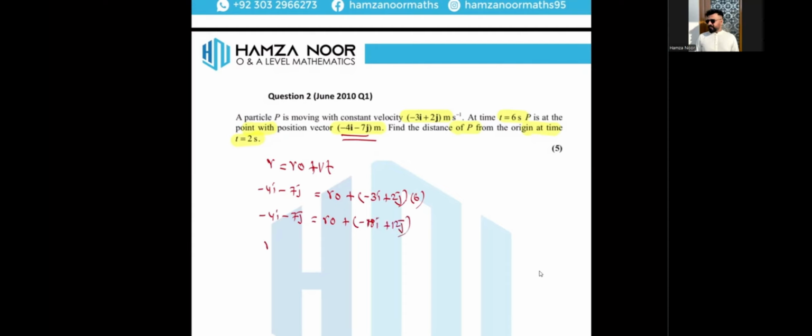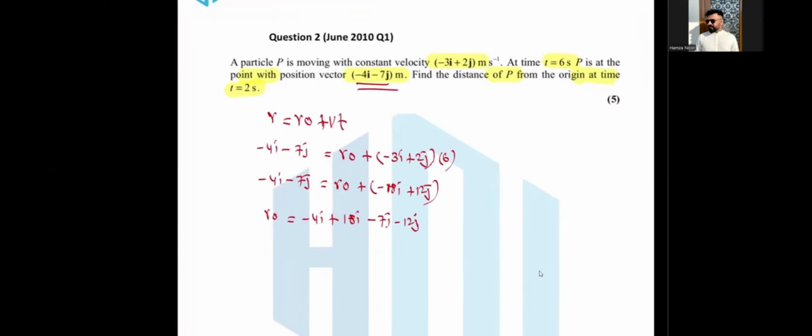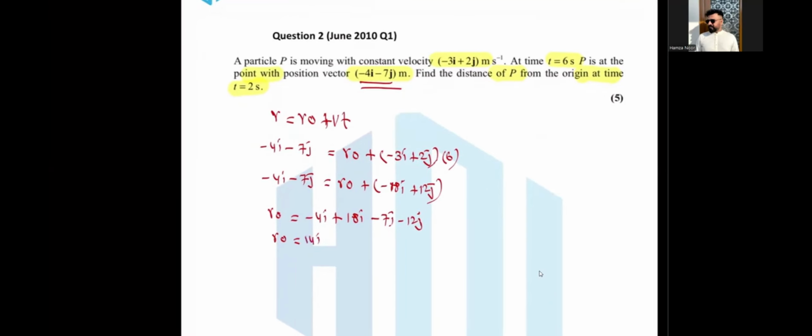Therefore r naught is minus 4i plus 18i, minus 7j minus 12j. So far we have achieved this. 18 minus 4 is 14, so 14i minus 19j. This is the r naught vector.